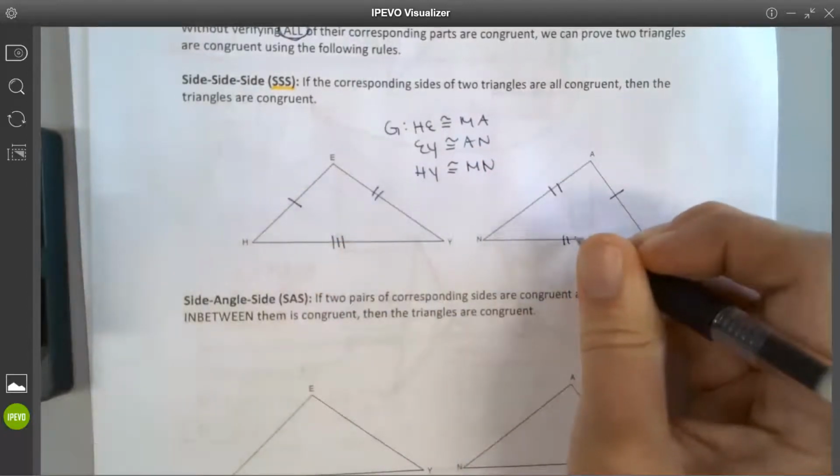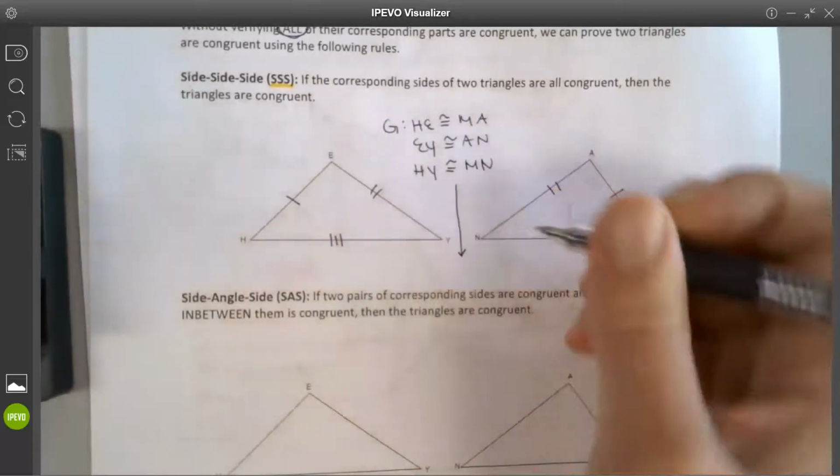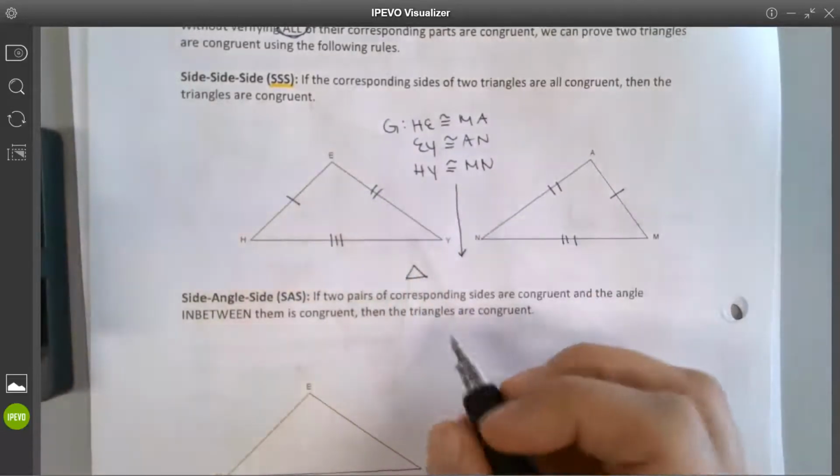This matches with this. If I was given that, or if during my proof I somehow was able to say that those three sides are congruent, then my triangles are congruent.